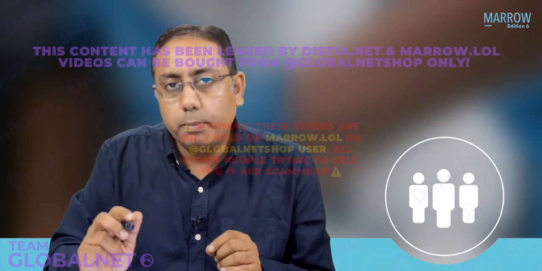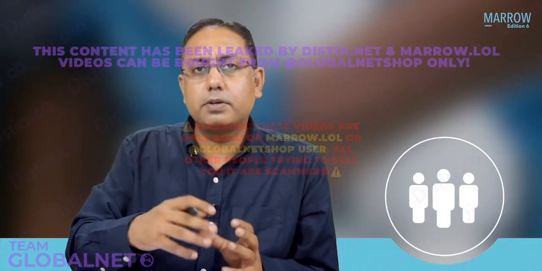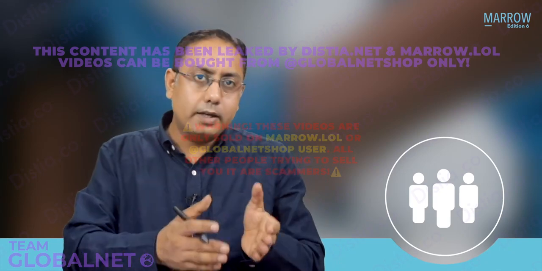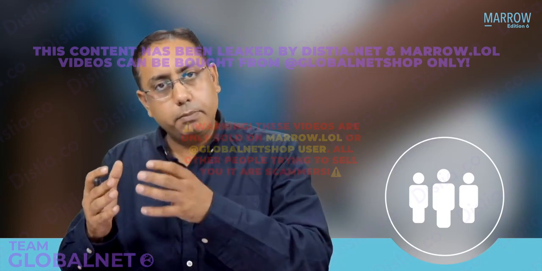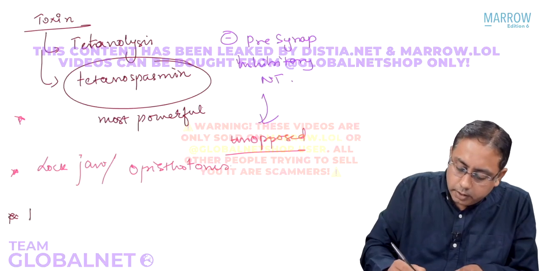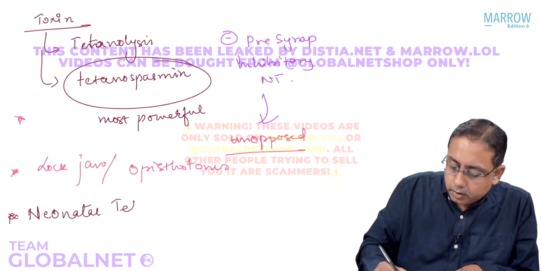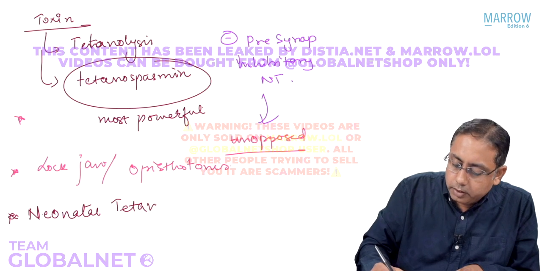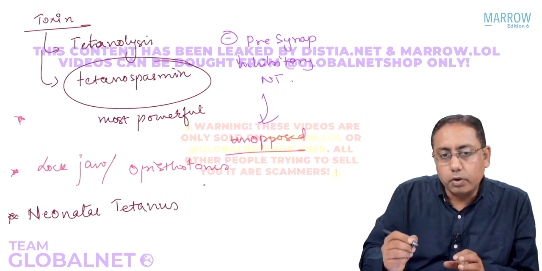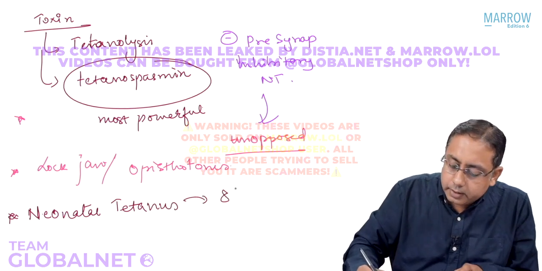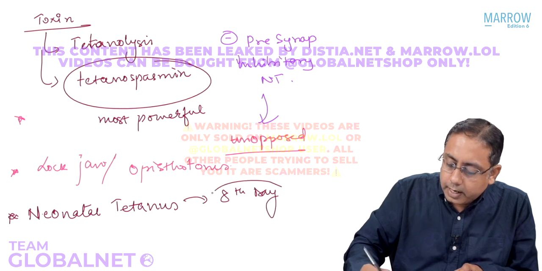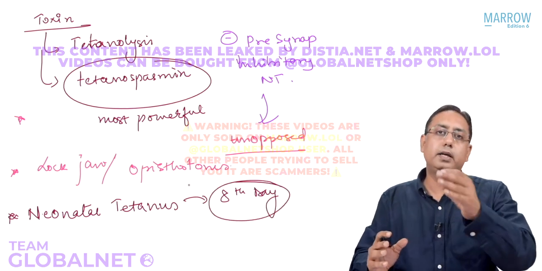Another point for you to remember is there are many types of tetanus you will encounter. We have traumatic tetanus, otogenic tetanus, puerperal tetanus, but please remember that neonatal tetanus or tetanus neonatorum is called the 8th day disease, and it is a disease of public health importance.